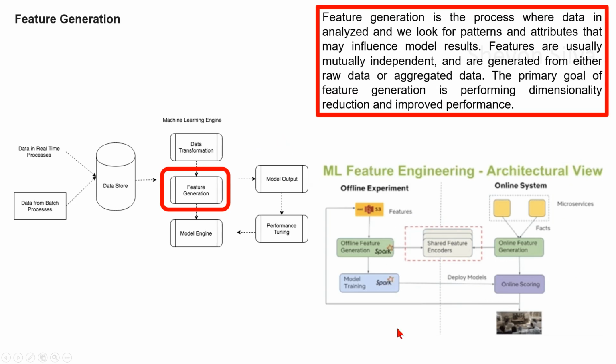Here you can see the ML feature engineering architectural view of the Netflix feature store. The feature store developed by Netflix supports both online and offline model training and development.